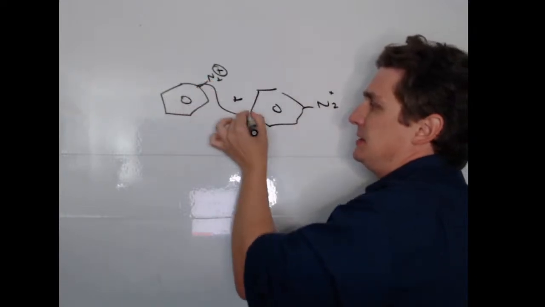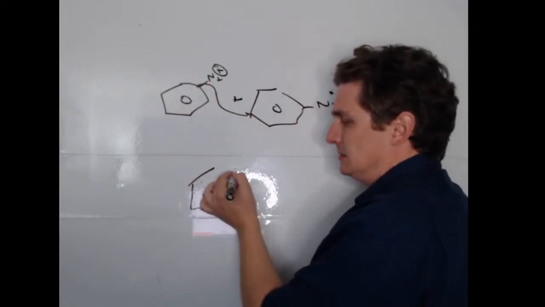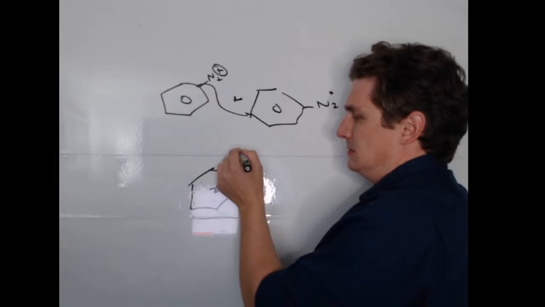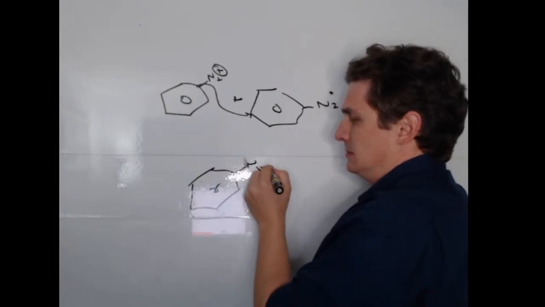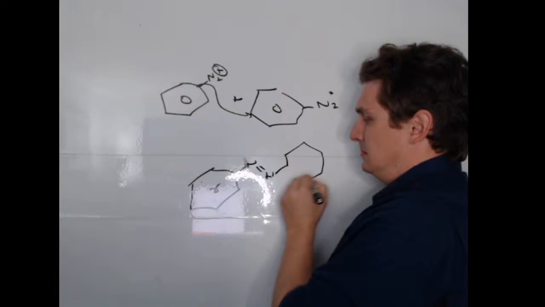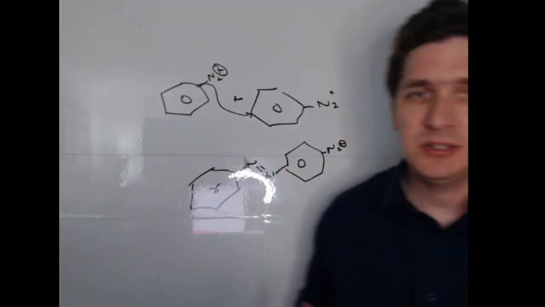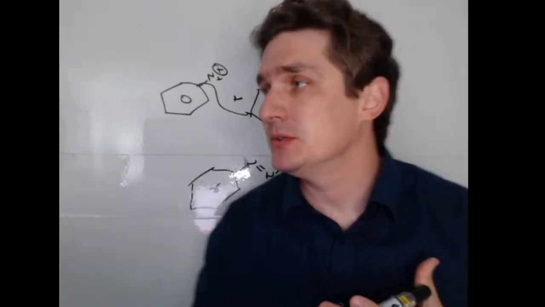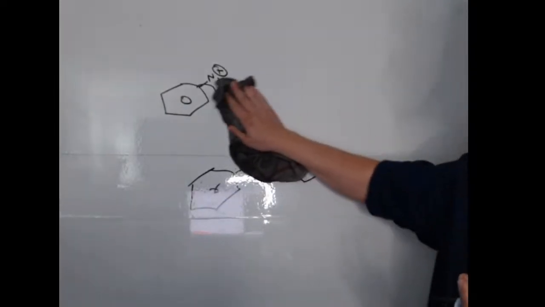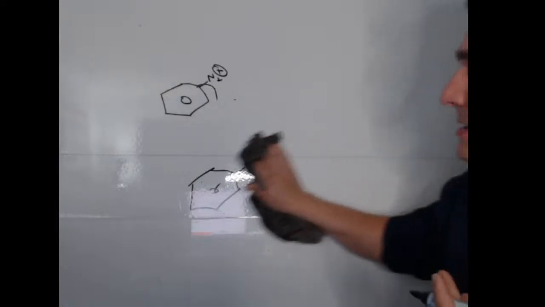In principle, this could couple like this and you could get long polymer chains, but we're just not going to worry about those. Again, all we're doing is coupling our starting benzene ring to whatever was in those beakers through this N2 bridge.